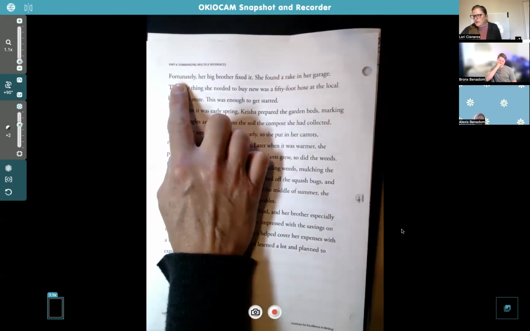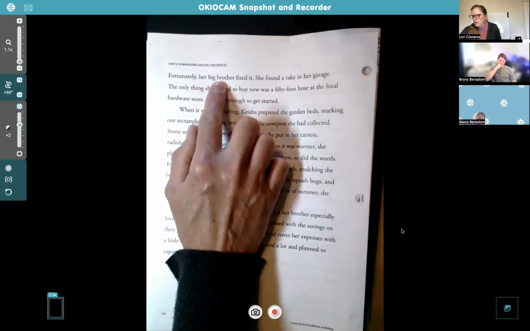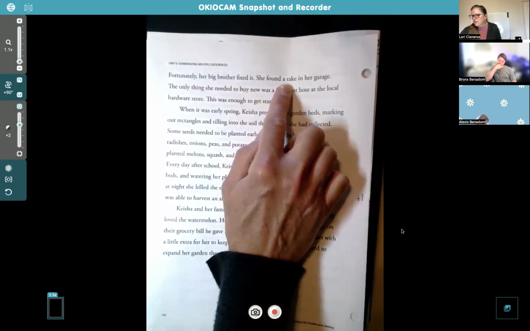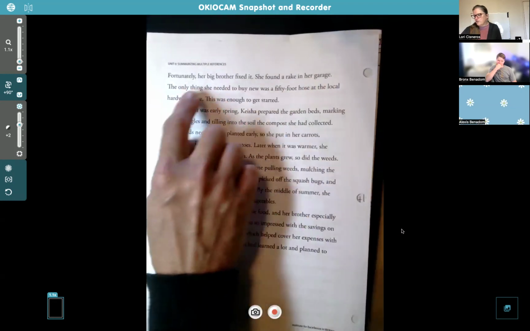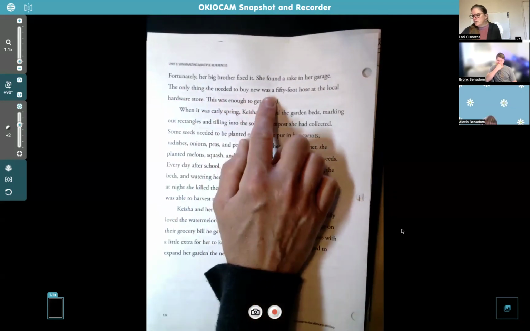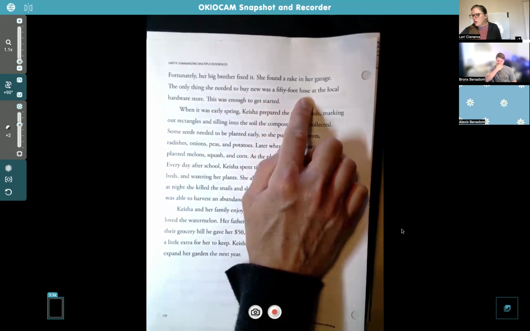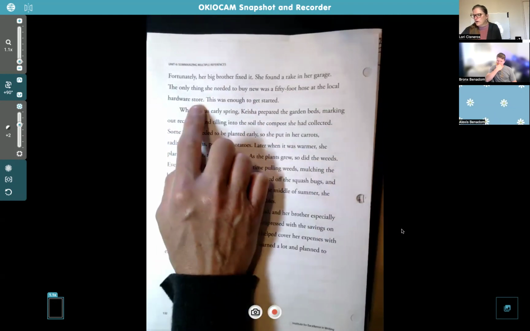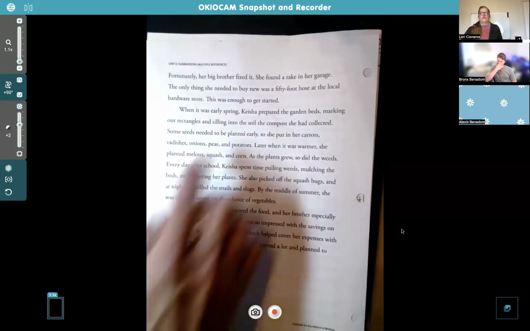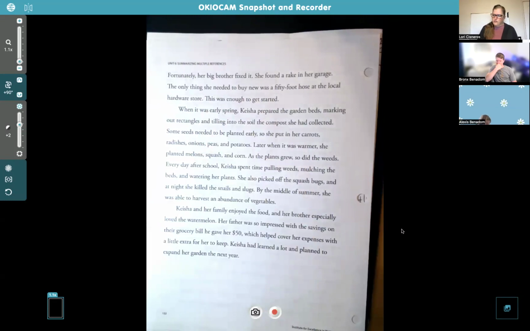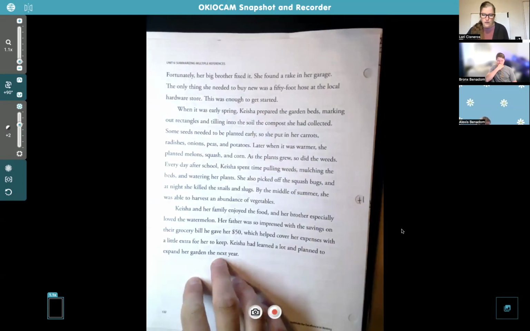Okay, on the back. Fortunately, her big brother fixed it. She found a rake in her garage. The only thing she needed to buy new was a 50-foot hose at the local hardware store. This was enough to get started. So not a whole lot of information in that paragraph, honestly.